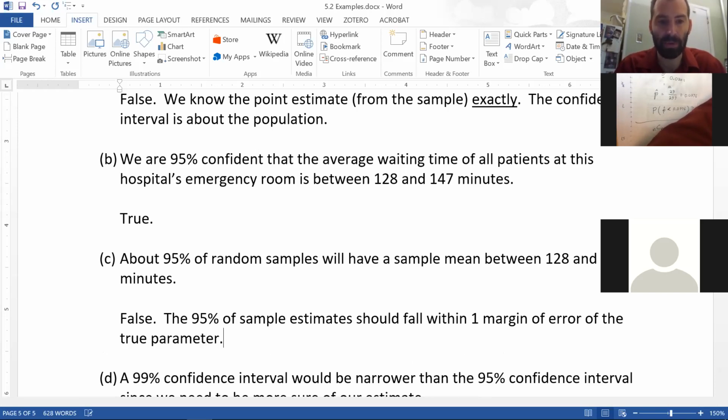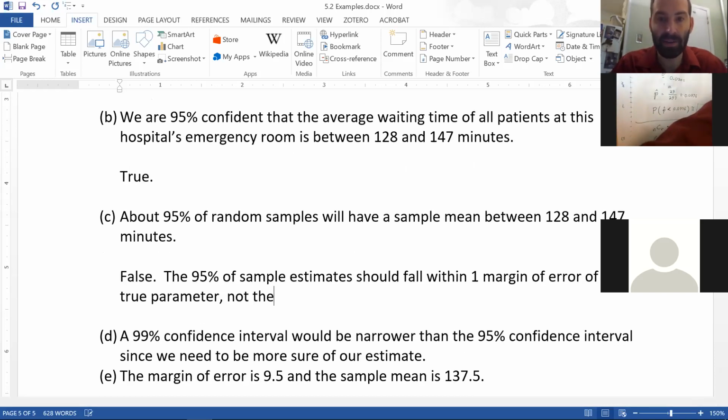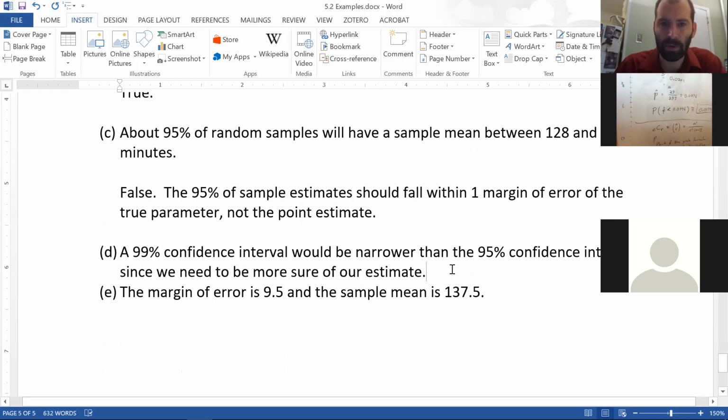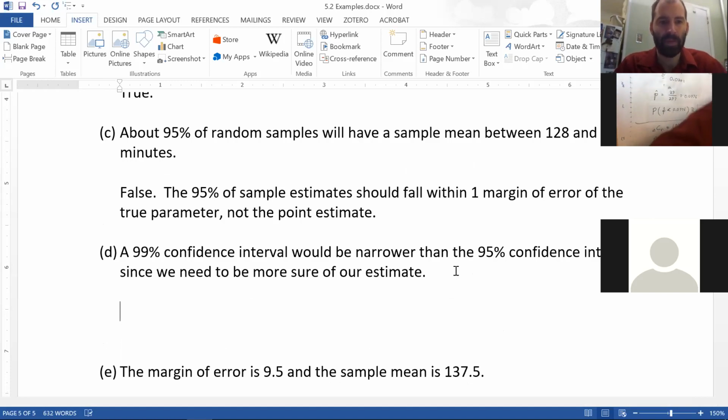It looks like it's the population mean in this case, not the point estimate, which is what this interval is centered around. All right. It's a subtle idea, but that's the way it works. I'll let you ponder that a little more if you didn't understand it right away.